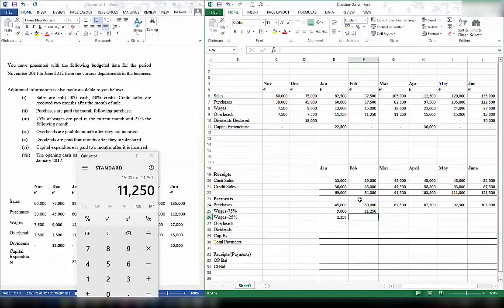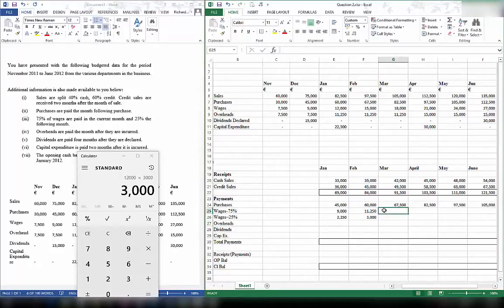And we also need to take 25% from the previous month. Our 9,000 was the 75%, so of 12,000, the remaining 25% is 3,000. So 3,000 from January is paid in February.